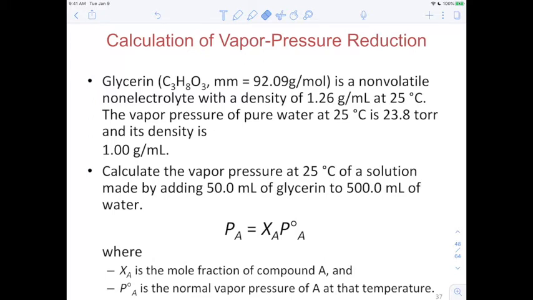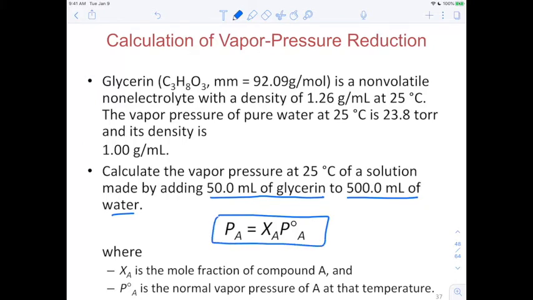So it has a density of 1.26 grams per milliliter at 25 degrees Celsius, and the vapor pressure of pure water at 25 degrees Celsius is 23.8 torr, and the density of water, which of course you already know, is 1 gram per milliliter. We're going to calculate the vapor pressure at 25 degrees Celsius made by adding 50 milliliters of glycerin to 500 milliliters of water, and we're going to be using Raoult's law right over here.